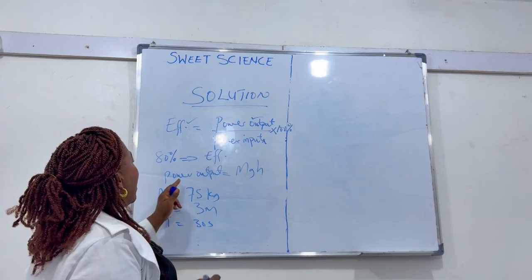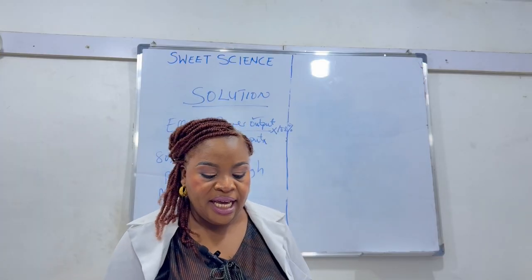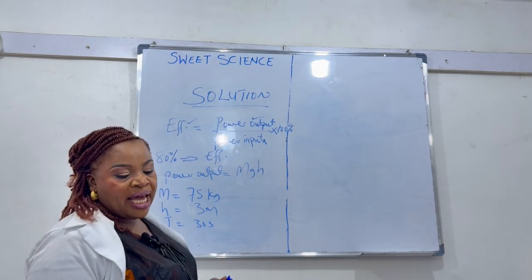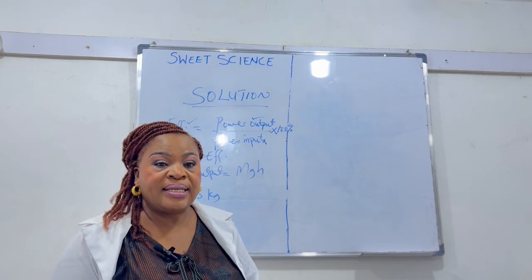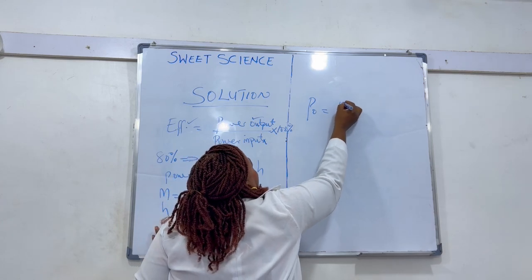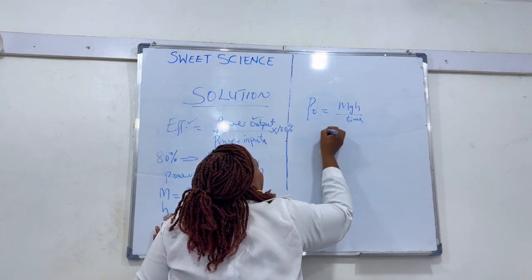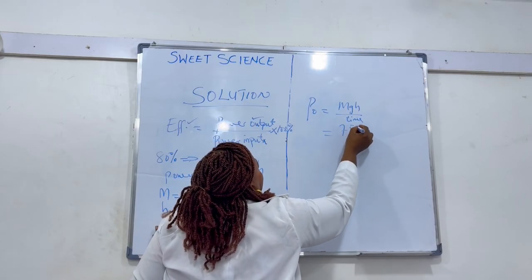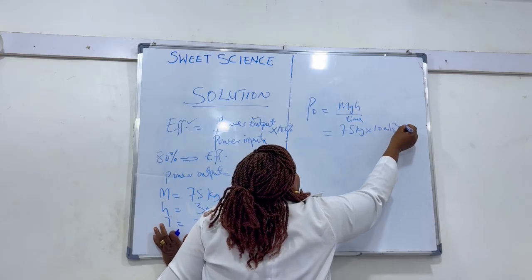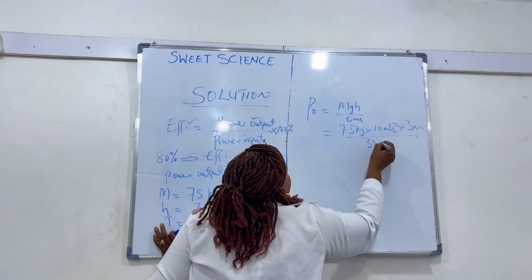Now, the power output now is mgh all over time. That's the power output. So power output is mgh over time, which is 75 kilogram times 10 meter per second squared times 3 meters all over 30 seconds.